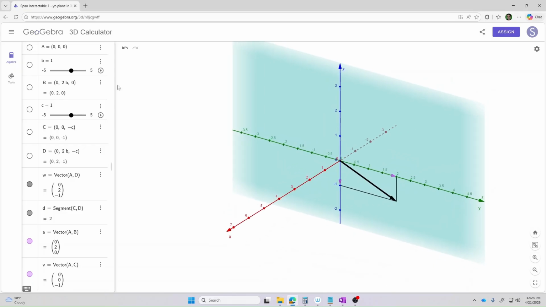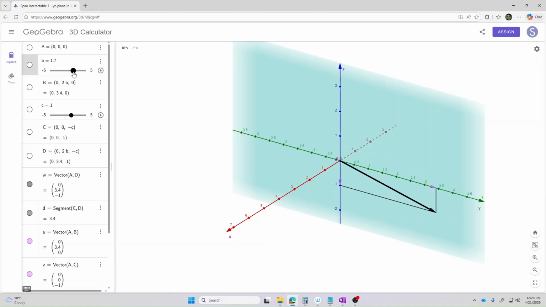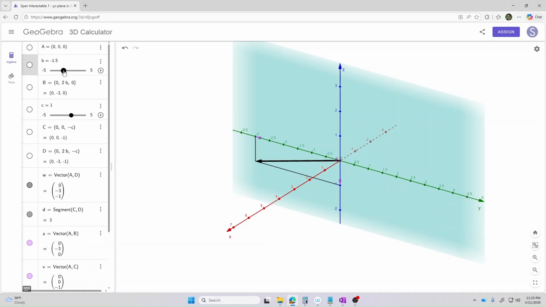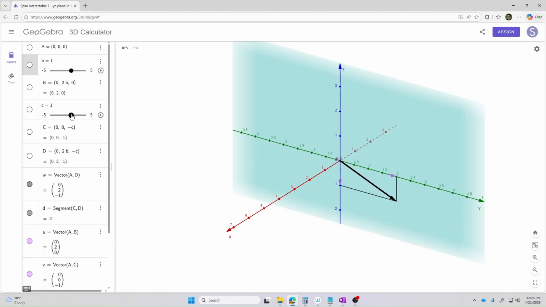Now, if I use these sliders on the right-hand side, I can construct other linear combinations of v1 and v2. For example, by scaling the vector v1 by some amount, either positive or negative, or scaling the vector v2 by some amount, either positive or negative.